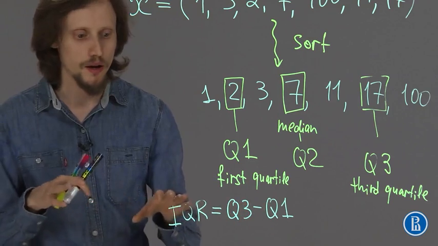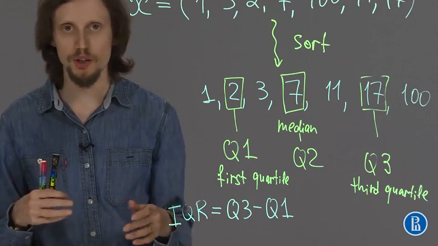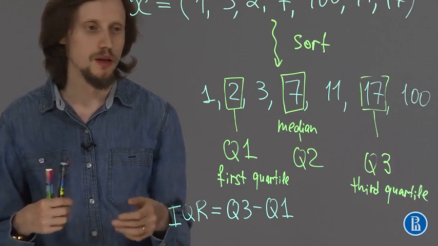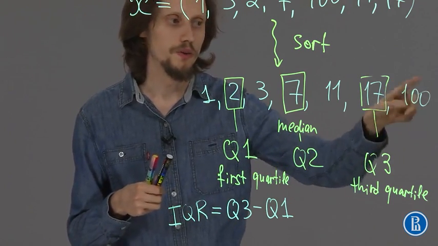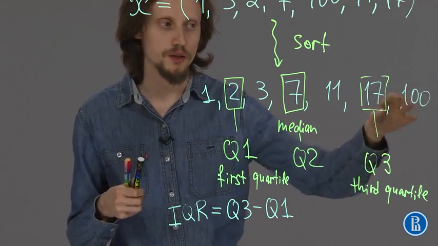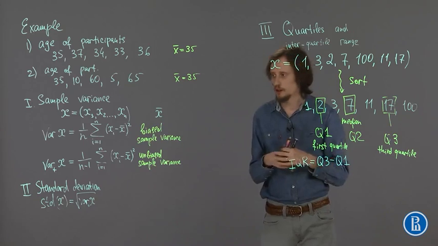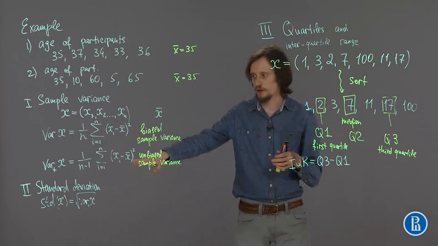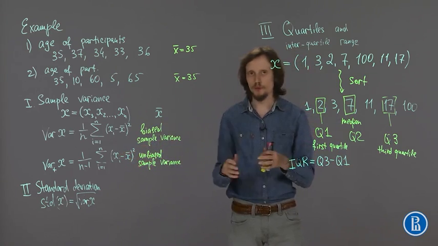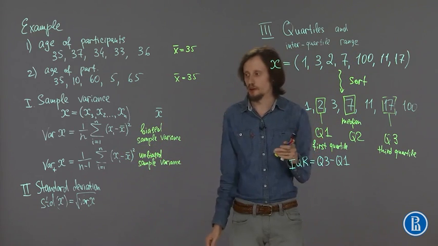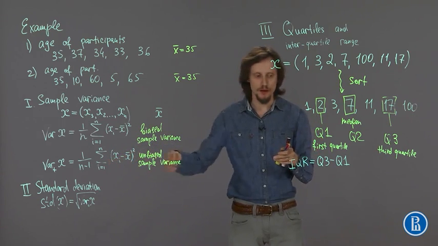Anyway, just like median, interquartile range benefits from some kind of robustness. If by some mistake I replace this 100 with 10,000, it will not affect these quartiles at all. But if I consider variance, we see that if I replace one element with a much larger element, it will considerably change the corresponding variance.